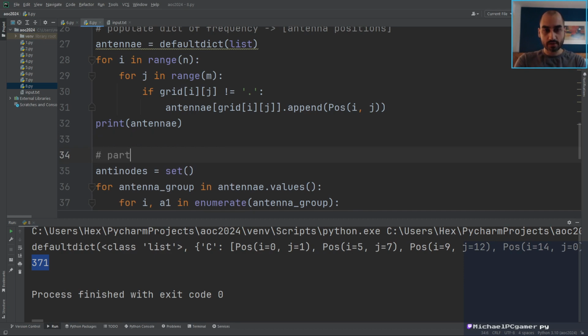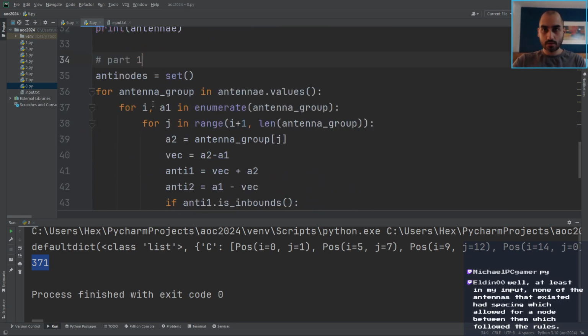Alright, I suppose we can just... Well, at least in my input, none of the antennas that existed had spacing which allowed for a node between them which followed the rules. Yeah, I don't know.